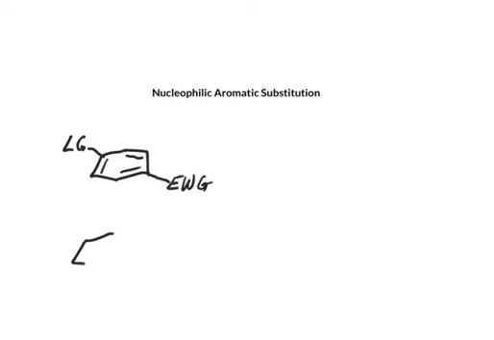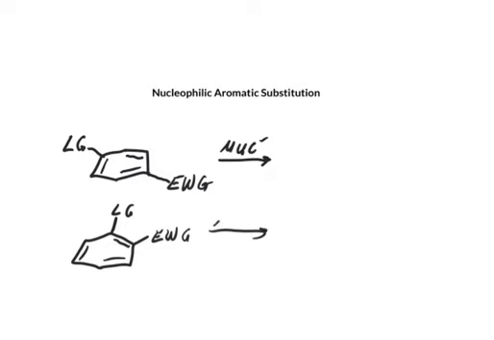So I could have both of these situations where it could be in the ortho position with the electron withdrawing group. And what happens is the nucleophile comes in and the net result is replacement of that leaving group with the nucleophile.